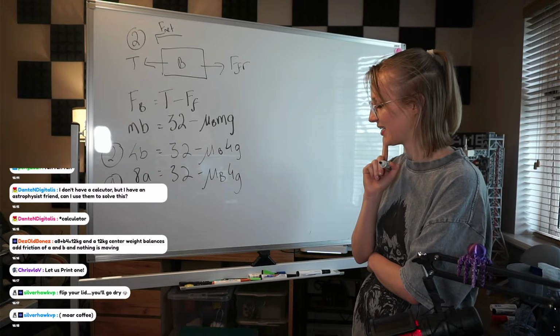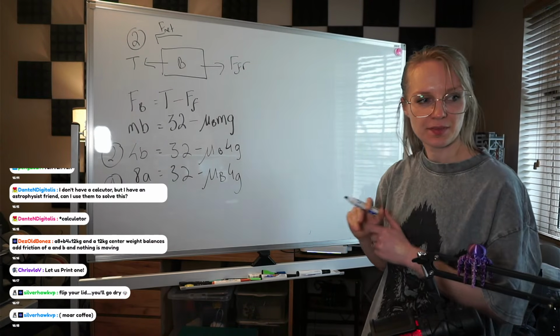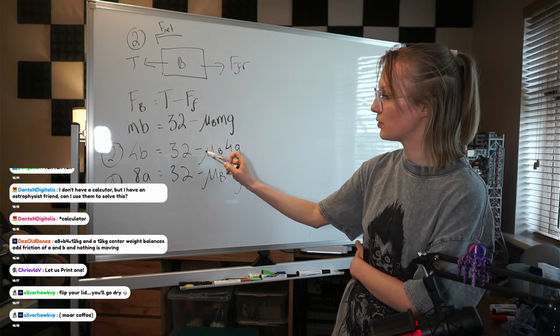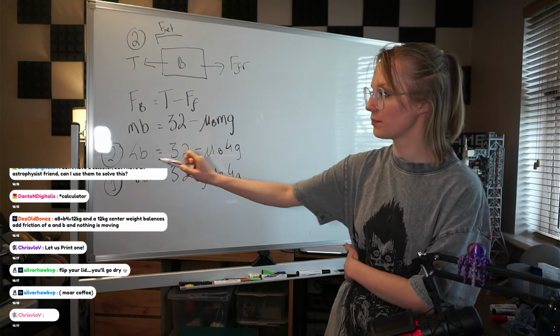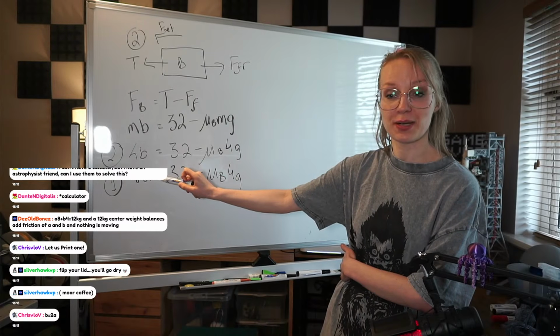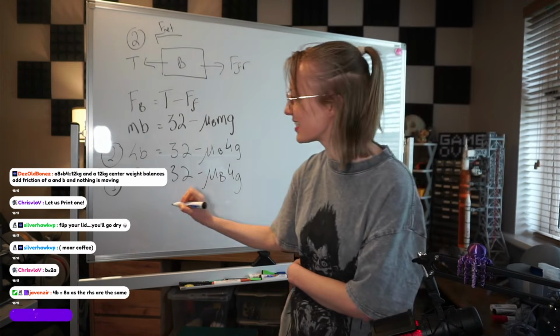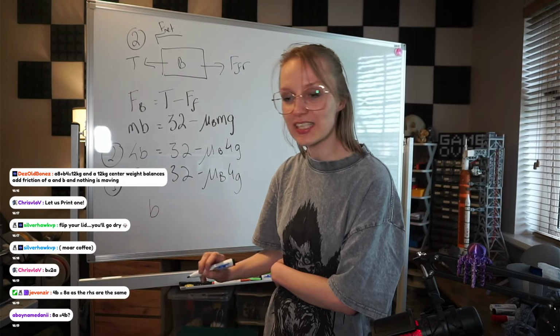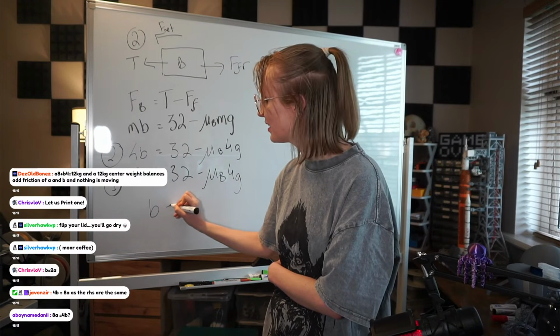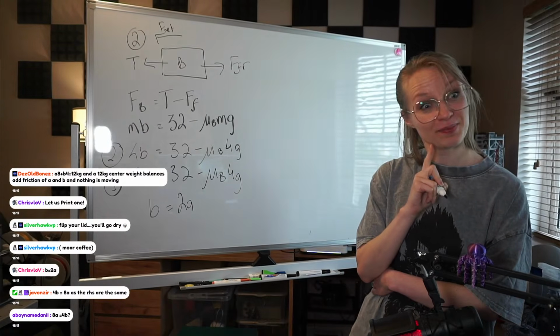What can we say here by looking at these two equations? 4B is equal to 32 minus mu B 4g. B is just the acceleration of particle B, and A is just the acceleration of particle A. You're absolutely right. It's just double, isn't it? So that's fascinating. The acceleration of particle B is equal to twice that of A.